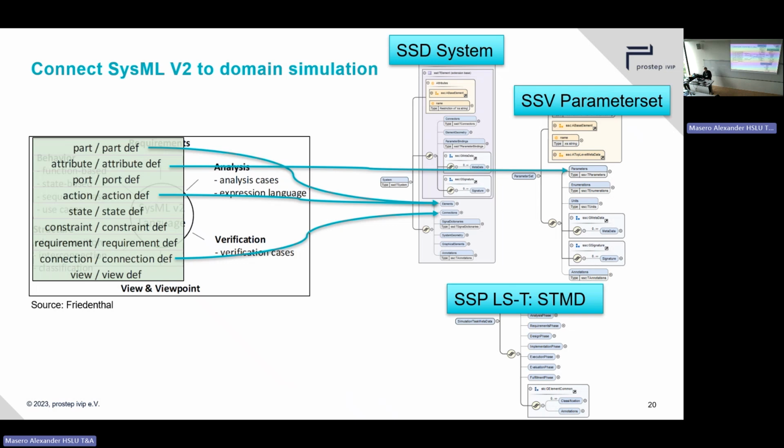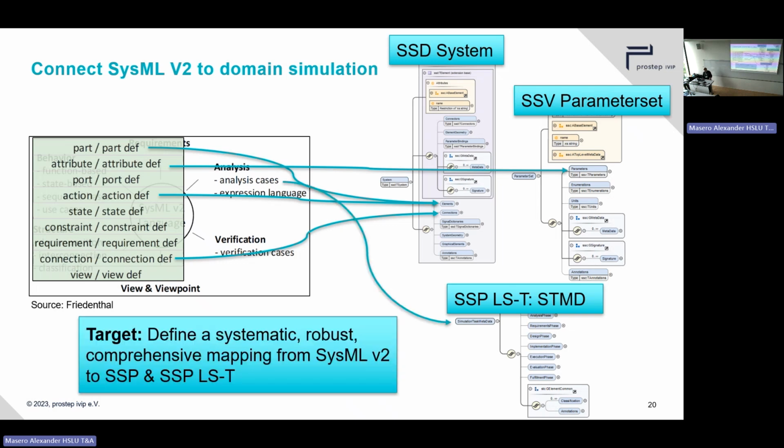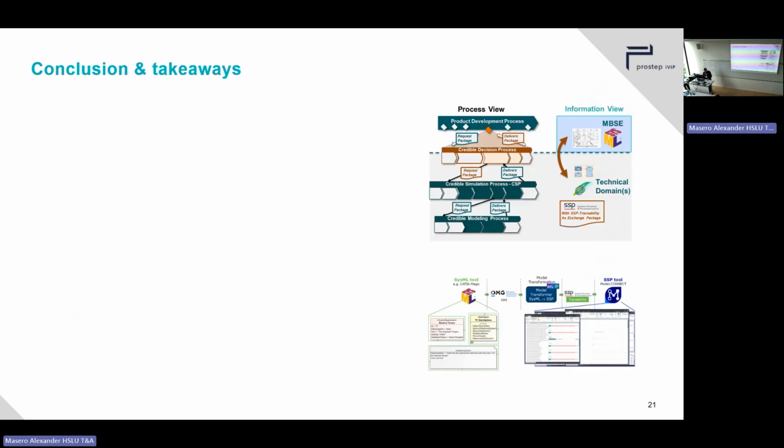And we think that it's important to have a systematic, robust mapping between the upcoming standard SysML v2 and the upcoming standard SSP traceability to, again, achieve our initial SmartSE goal of enabling a standards-based and seamless interoperability between MBSE and simulation.